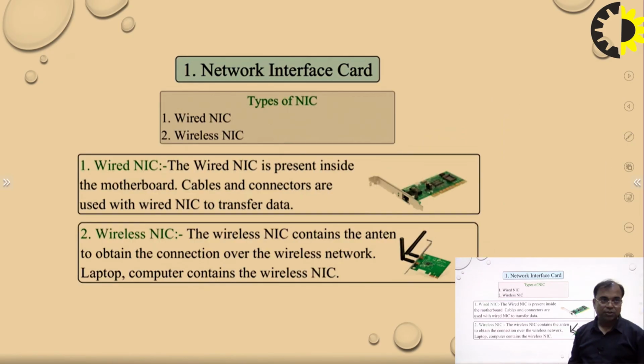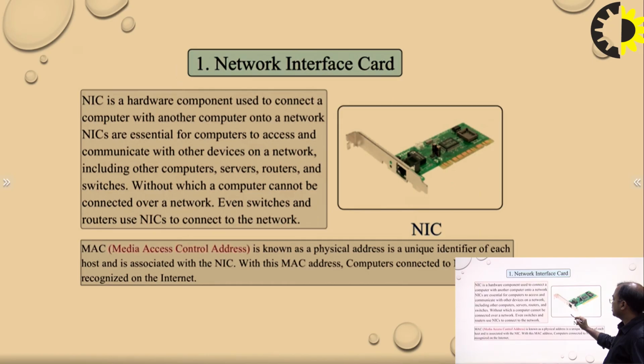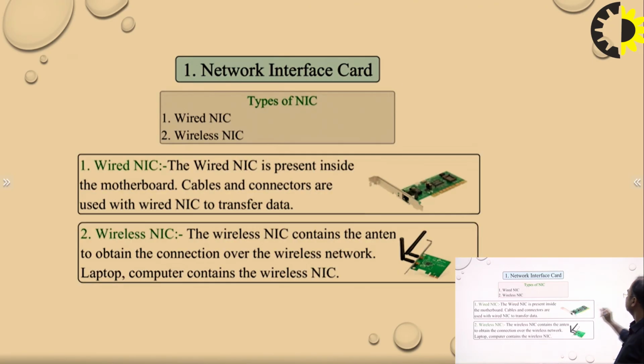Okay. So next is the network interface card, wired NIC or wireless NIC. There are two types of NIC card. In the wired one, we connect the wire in this slot, and in the wireless one, the computer is connected with Wi-Fi.